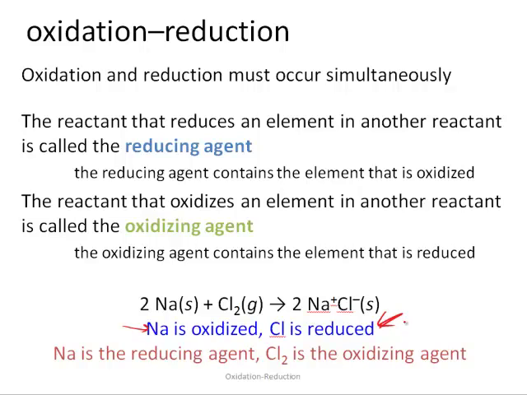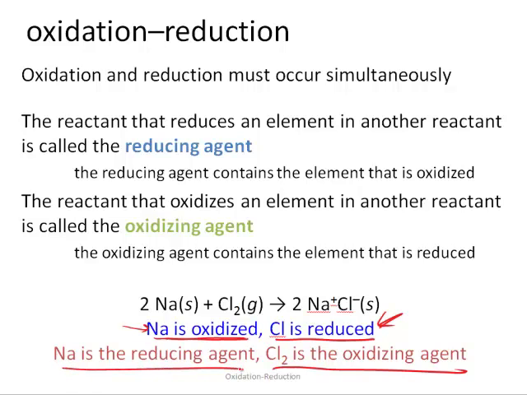So another way you can ask that question: if sodium is oxidized, what oxidized it? What took its electrons, essentially? Since sodium is oxidized and chlorine got its electrons, chlorine is the oxidizing agent. If chlorine is reduced, what reduced chlorine? What gave it electrons? And that, of course, is sodium.